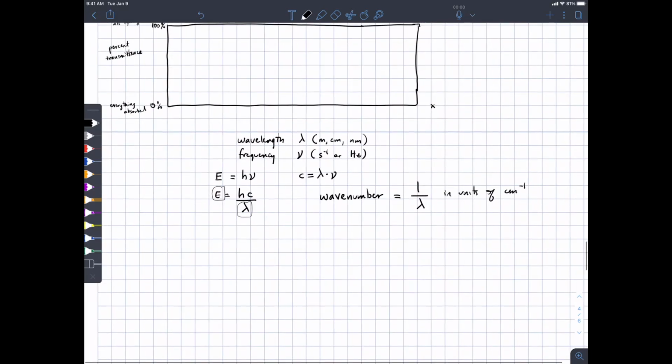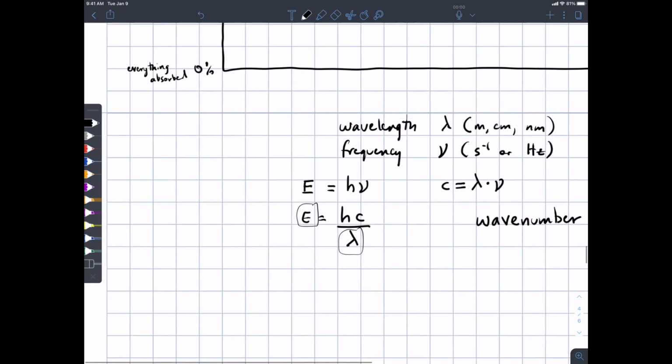But what that means is lower numbers on the x-axis equal lower energy photons, and therefore lower energy vibrations. Higher numbers on the x-axis are going to equal higher energy photons, and therefore higher energy vibrations.